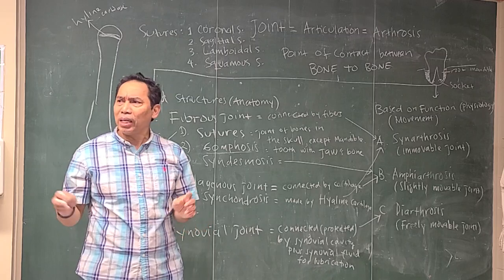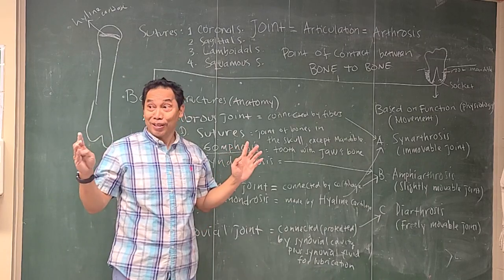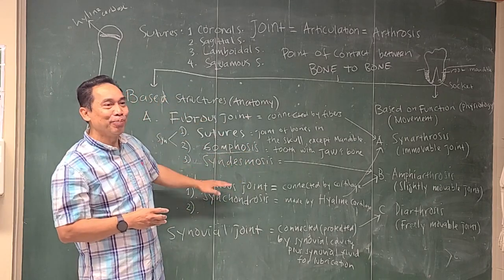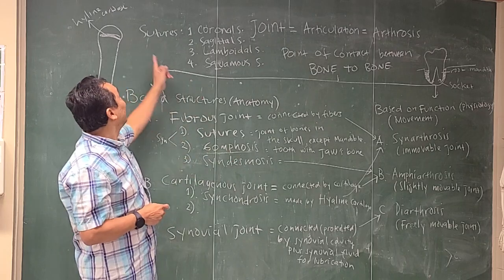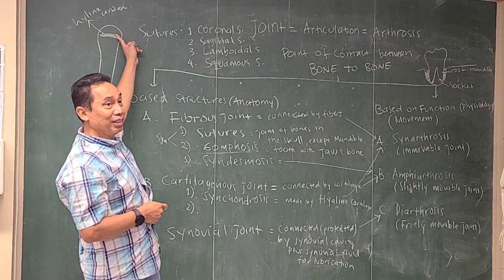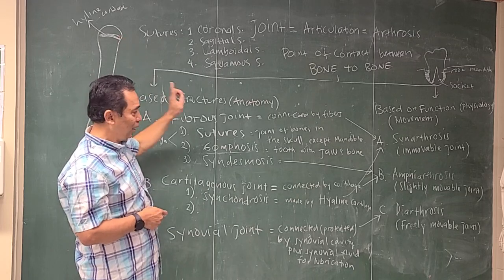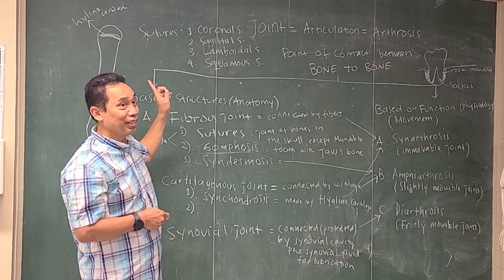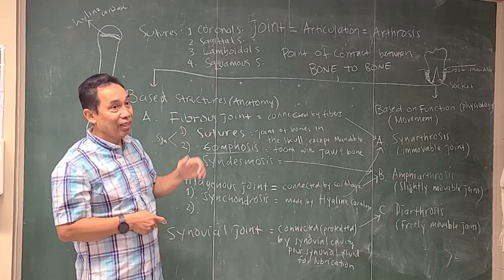Just for information, we actually have more than 360 joints in our body. It's a lot. Therefore, we divide it here to make sure you know the classification and the name. Hyaline cartilage between both. Is it movable? No, it is synarthrosis, immovable.